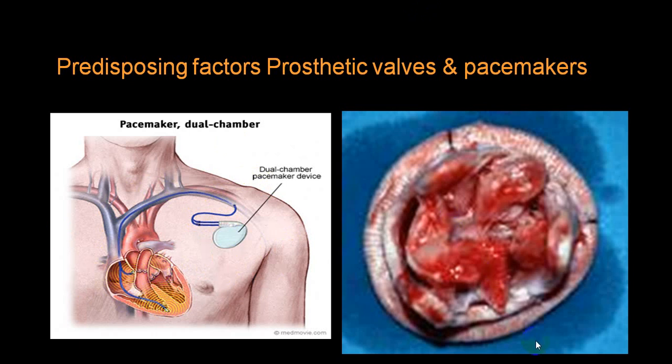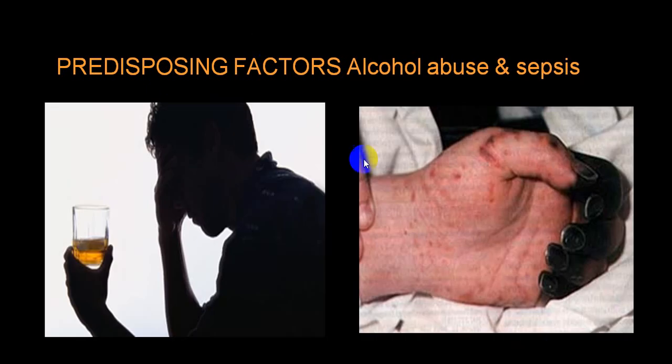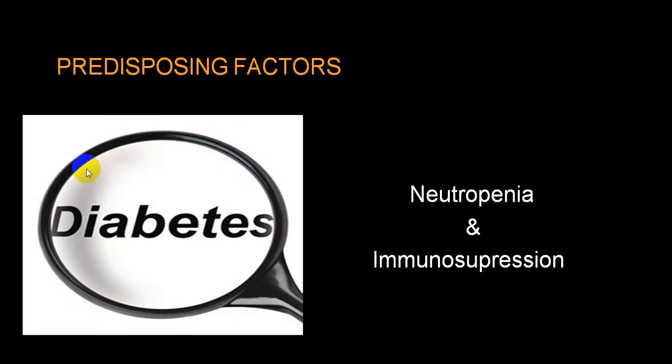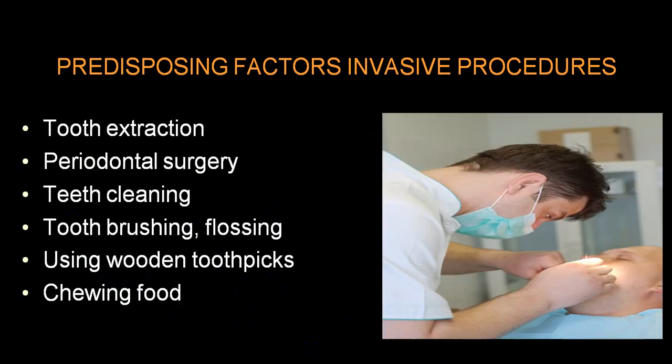This is prosthetic valve. This is skin infections, drug abuse, alcoholic, and sepsis decreases the immunity, diabetic, neutropenia, immunosuppression, patients who are on steroids or on anti-cancer drugs, radiotherapy, etc. Even following GI procedures like barium enema, colonoscopy, genitourinary procedures like prostatectomy, etc. Also tooth extraction, periodontal surgery, teeth cleaning, teeth brushing, flossing, toothpick use.